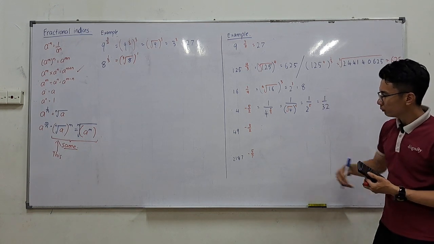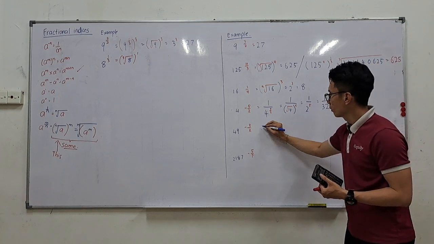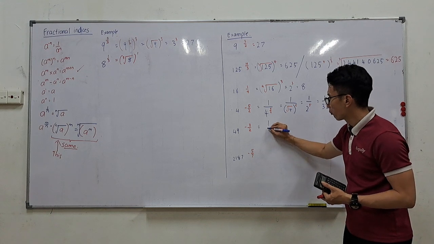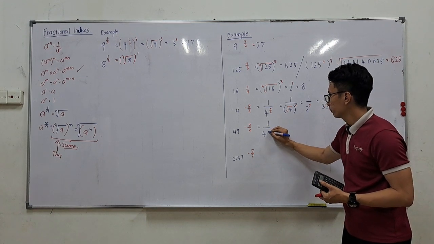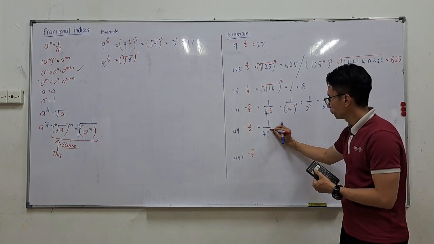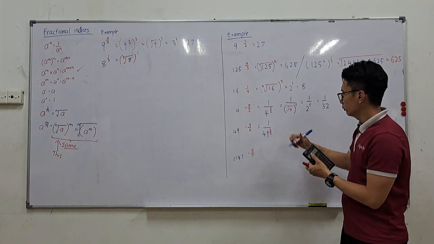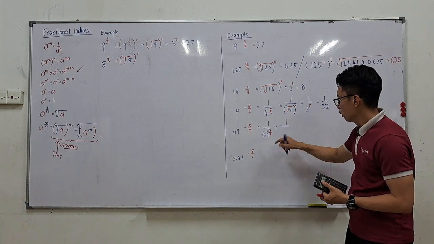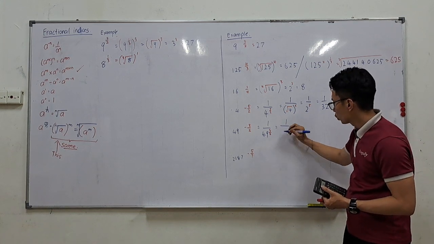Okay? Same example, all right? So again, negative, I will change it into a fraction first. All right, the next thing I will do is I will have the fraction, the denominator, I will square root it.